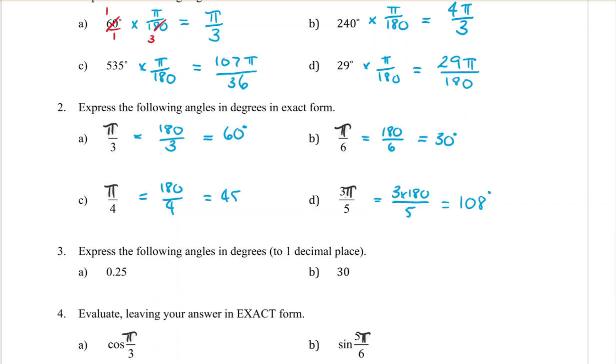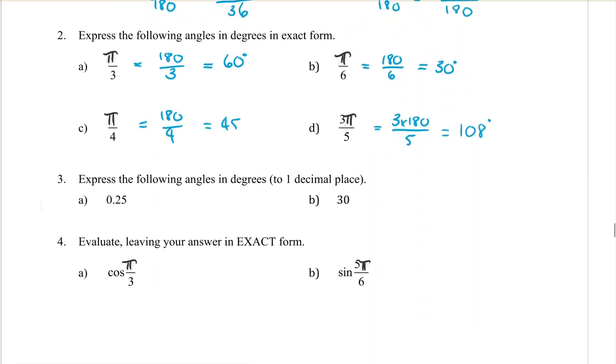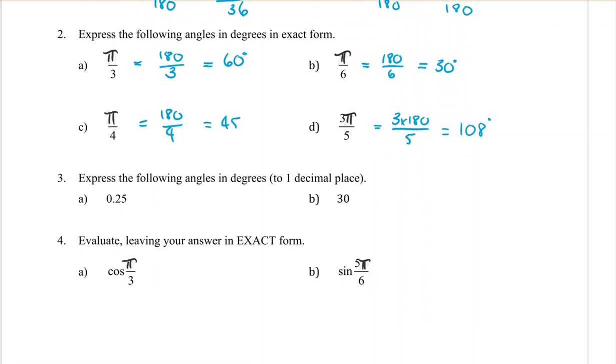However, the second way, question 3, express the following angles in degrees. So these numbers here are going to be in radians, and we want to convert them into degrees to 1 decimal place. Now, the reason this is different is because there are no pi's in these questions.